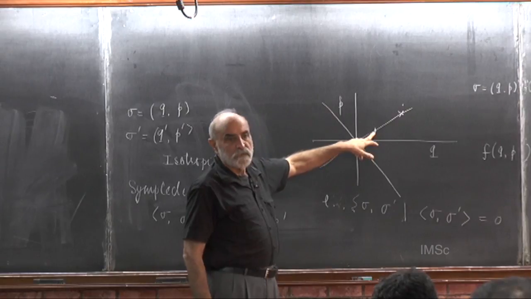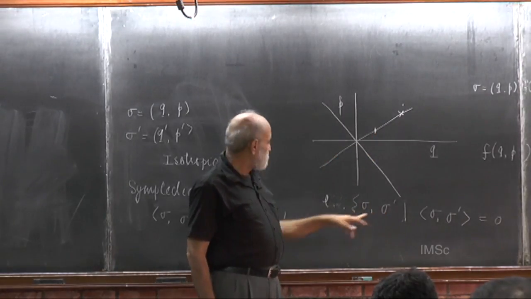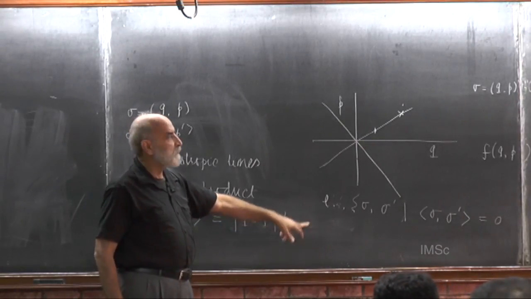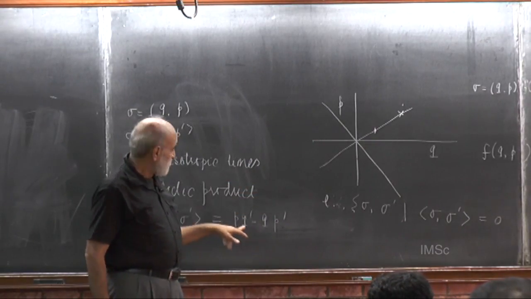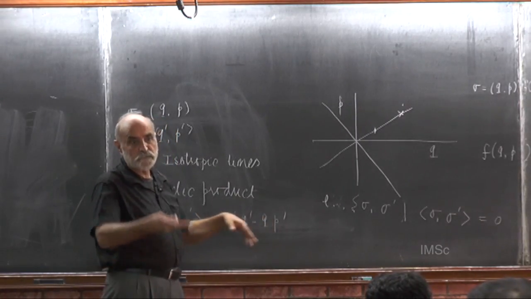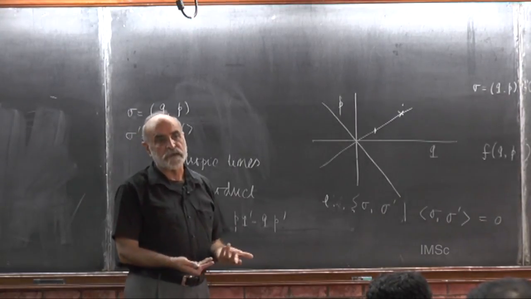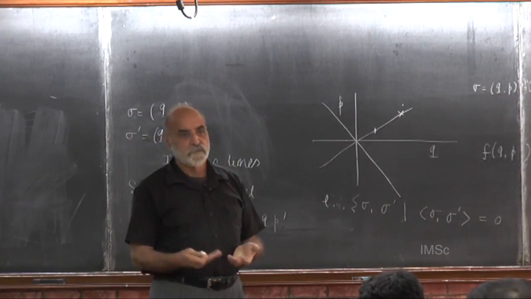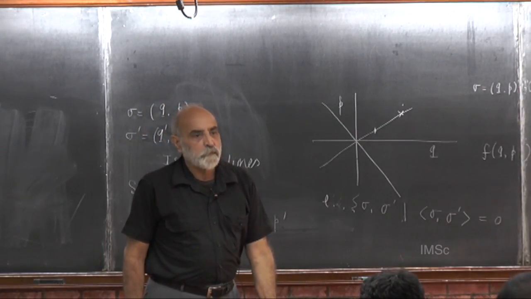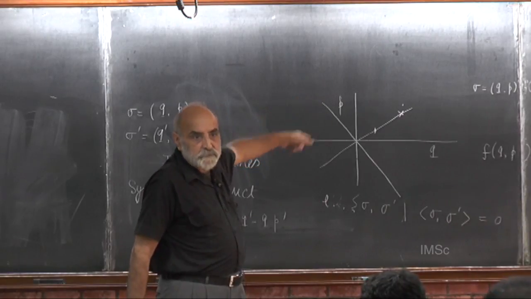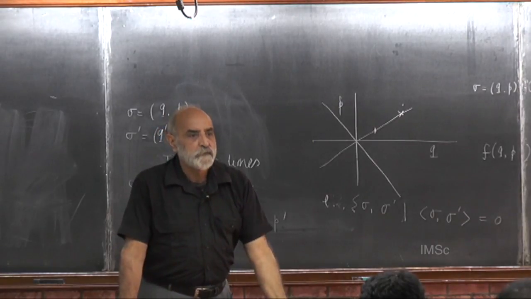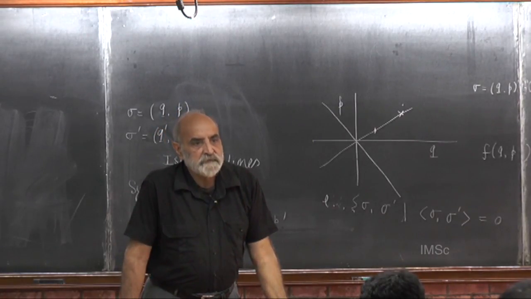Because if I took the 2 points (q, p) and (q prime, p prime) and set the symplectic product equal to 0, in the q p plane, if you think of q and p as the coordinates, this is a line through the origin, right? A y equals m x type of equation. So it's a line through the origin. So what I'm saying is that the line through the origin is completely specified by giving 2 points on the line, all right, in this case.